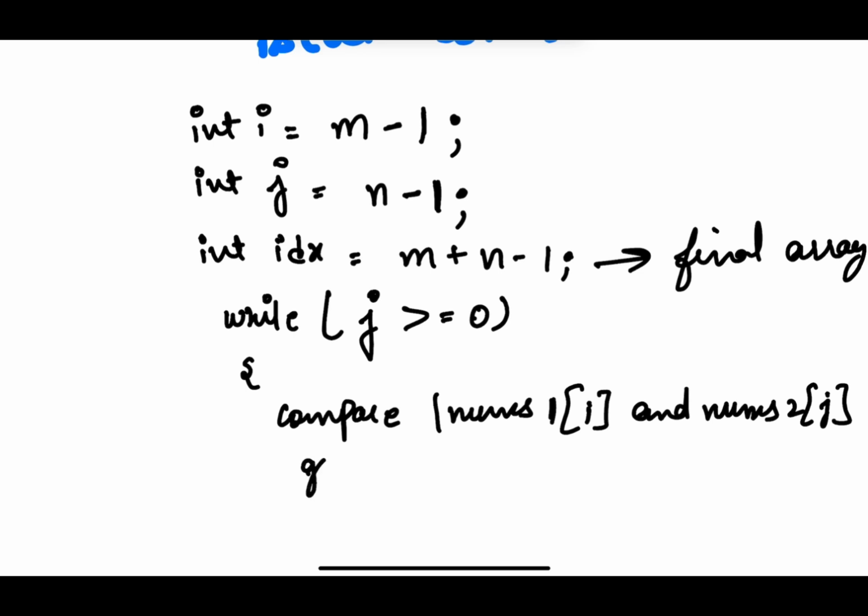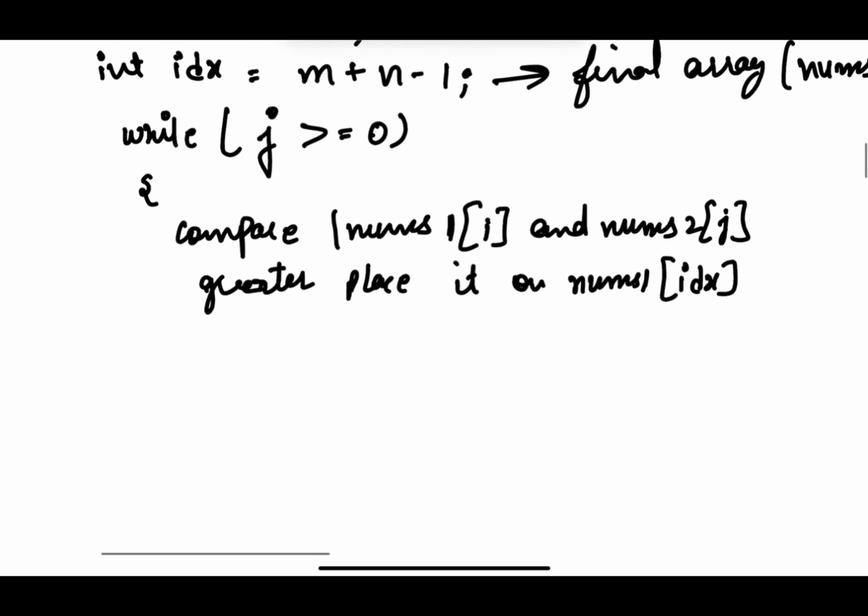Whichever was greater, place it in nums1 at idx. After placing, we were decrementing idx by 1 position, right? And whichever you have chosen, whether it is I or j, just decrement that also.